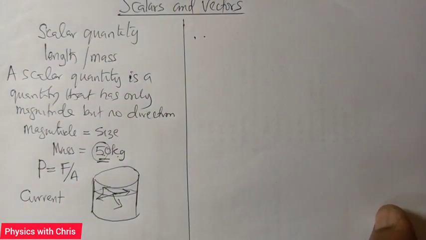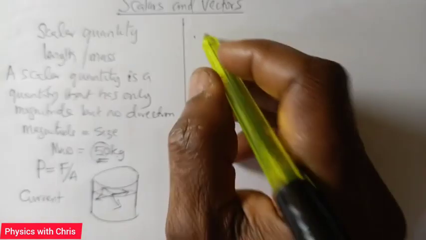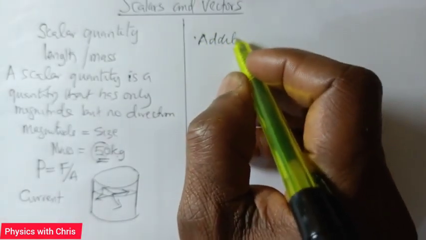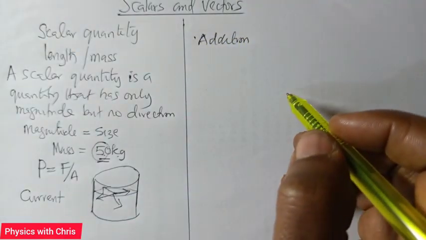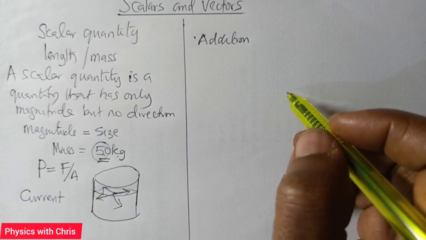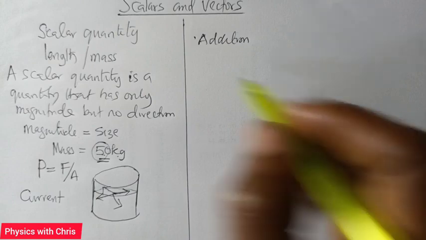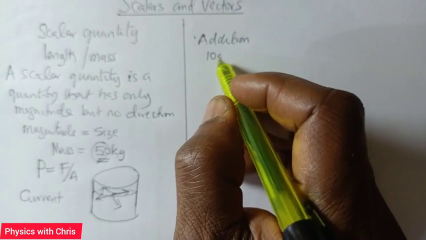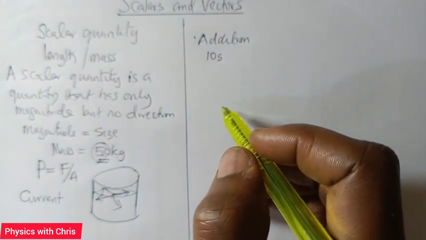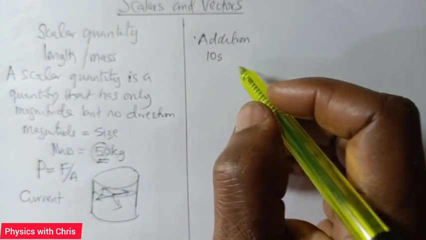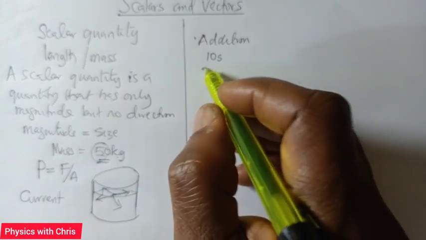We can apply the rules of algebra in dealing with scalar quantities, such as addition. Let's say you run for a time of 10 seconds from point A to point B, and then from point B to point C in another 20 seconds.